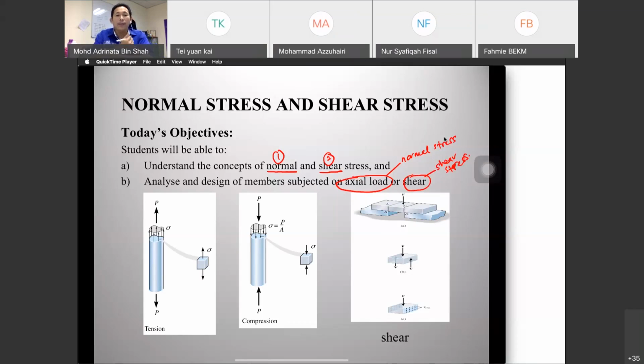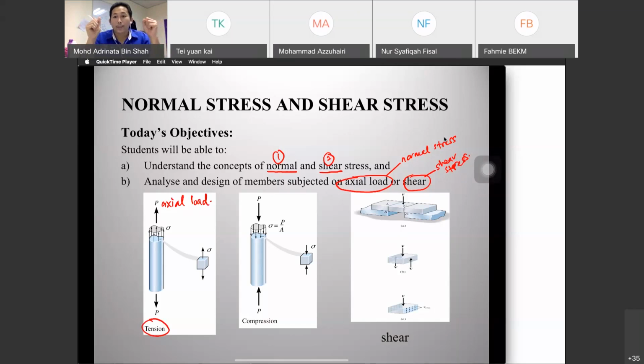Okay, the figure shows the first one is about your axial load. This is what we call axial load. When the axial load pulls your part, we call it tension load.